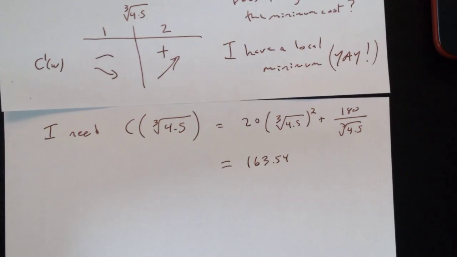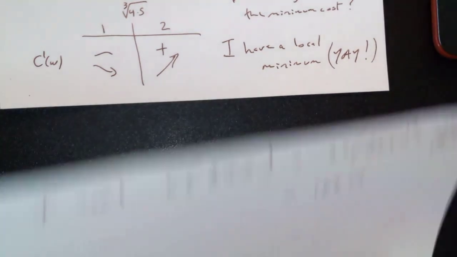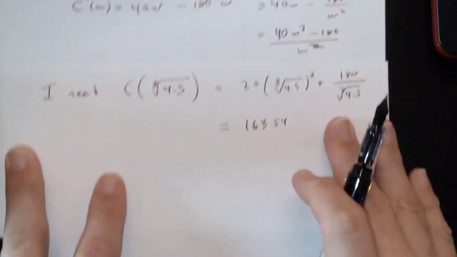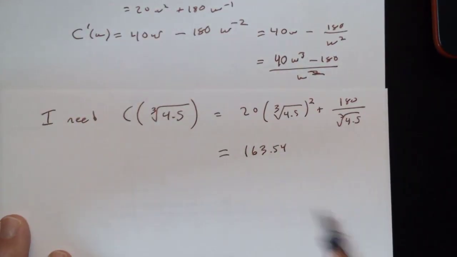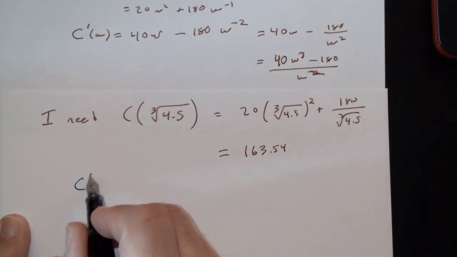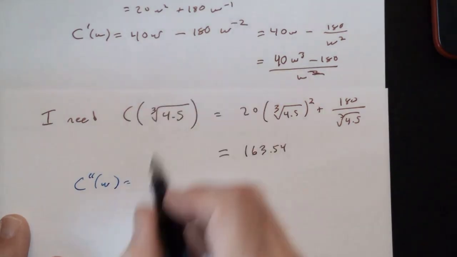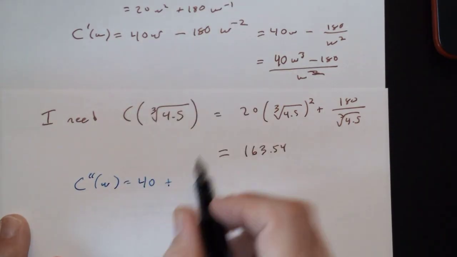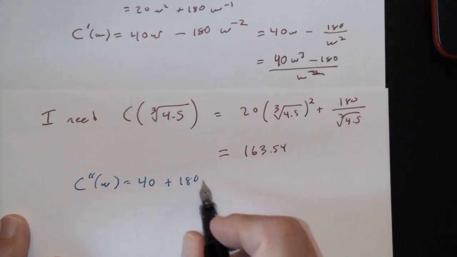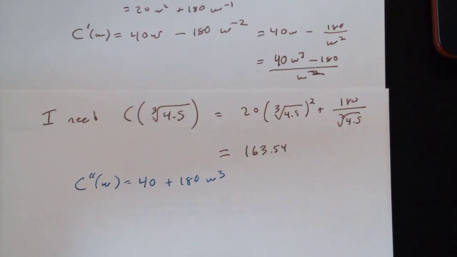The second derivative, we hadn't computed. But if I go back up here to my first derivative, the second derivative is 40 plus 180 w cubed.